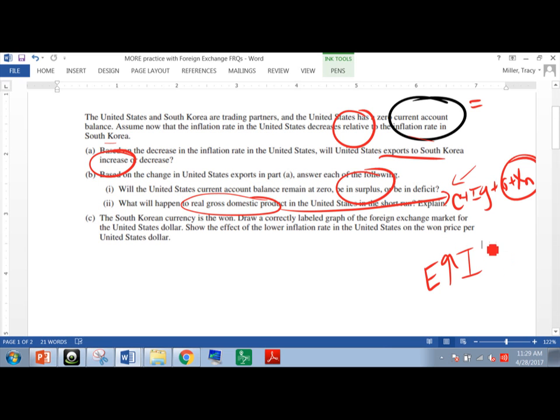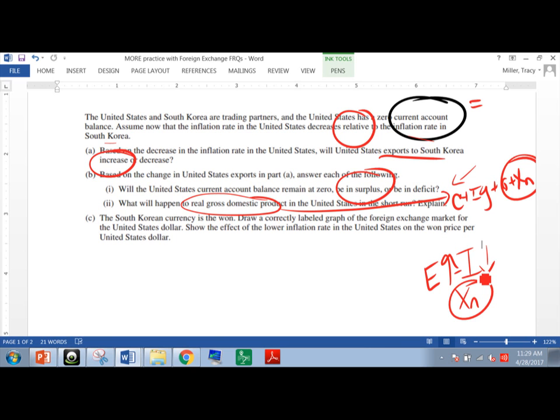So if people aren't going to buy Hyundais as much, then fewer of them are going to be imported into the United States. So real GDP is going to increase because, remember, exports minus imports equals XN. The real gross domestic product is going to increase because now we're going to have a greater level of exports and fewer imports.